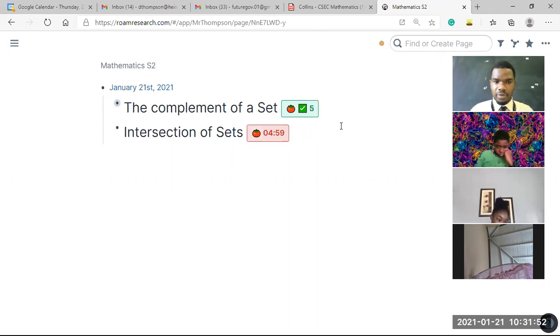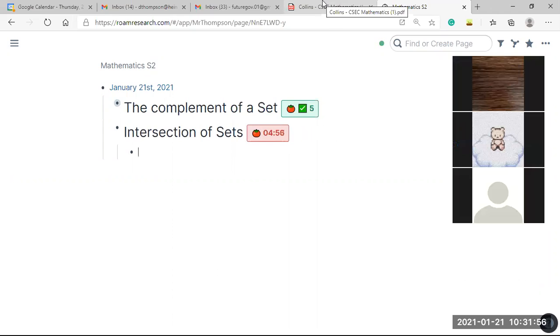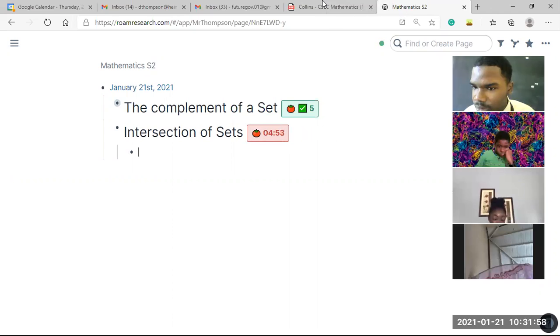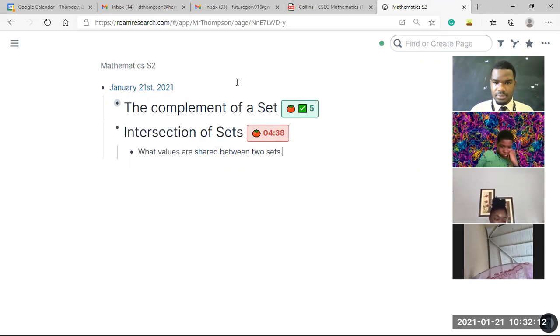Okay, perfect. So when we say intersection, we really mean what values are shared between two sets.